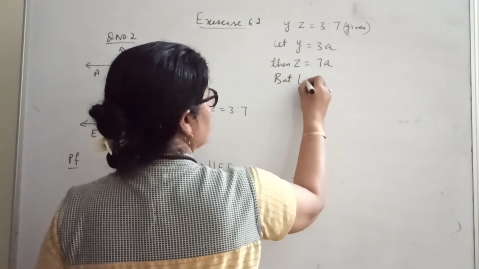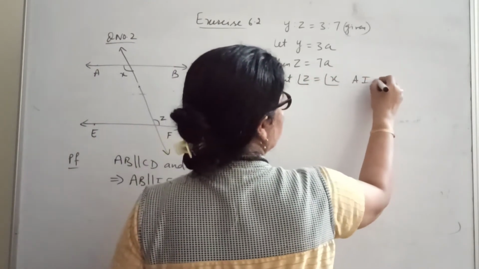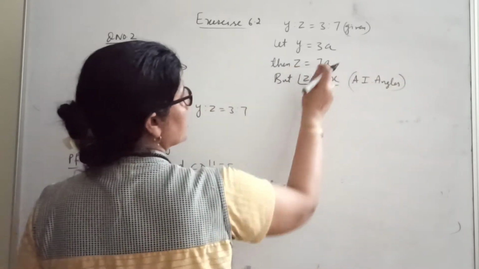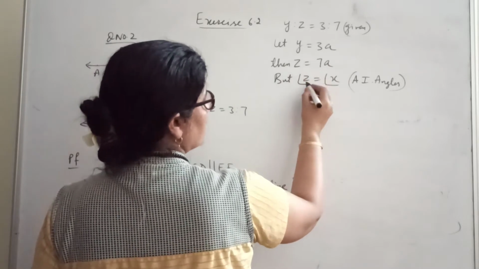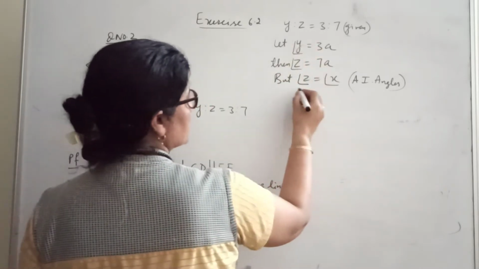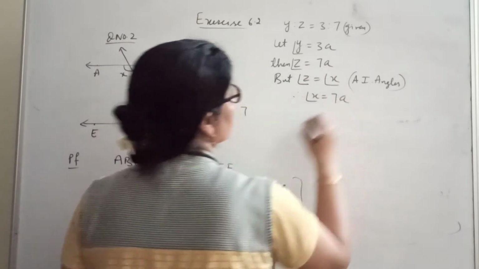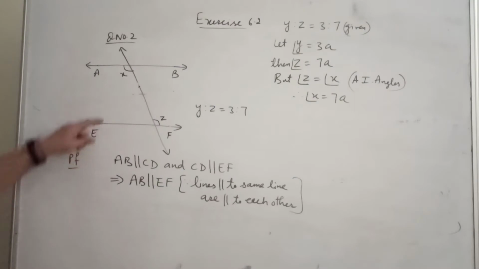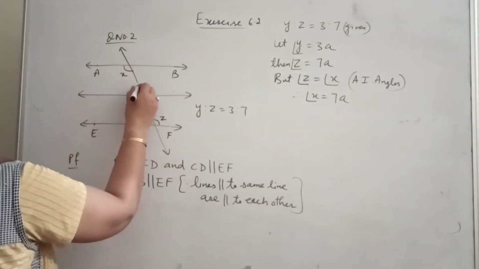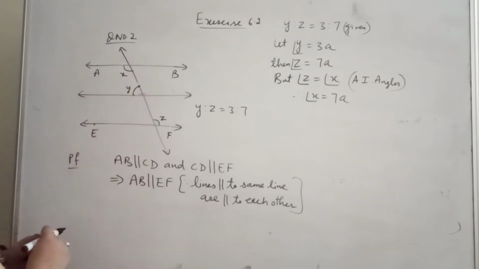Now the measure of Z is 7A. So angle X will also be 7A. Now we know the values of X, Y and Z in terms of A. So only A needs to be found now.